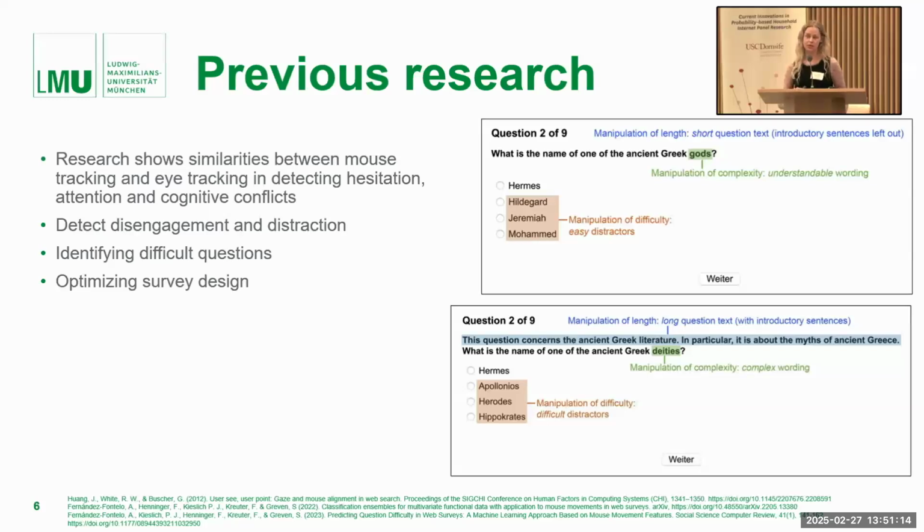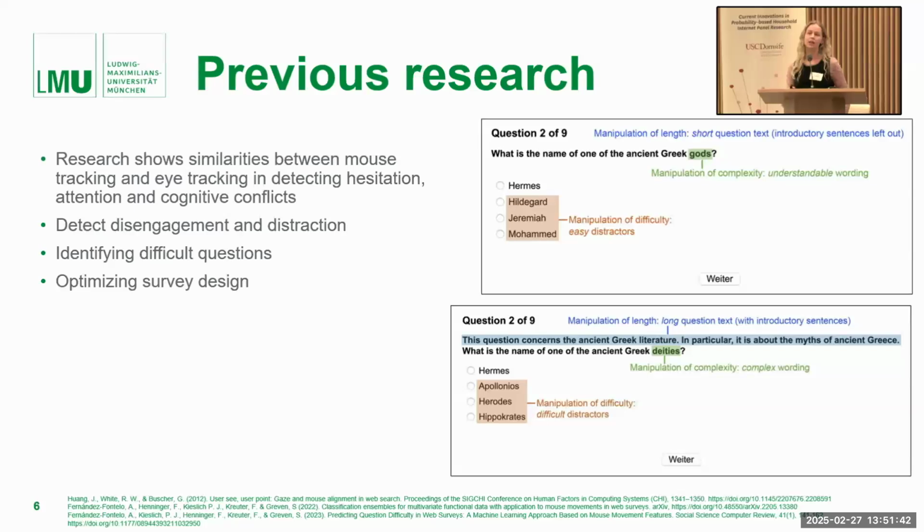So previous research on this topic, first of all, shows that there are a lot of similarities between mouse tracking and eye tracking. And eye tracking has been used to detect hesitation, attention, and other cognitive conflicts. And specifically, one study by one of our former colleagues has been looking into pretty much the same question, but phrased in different ways.